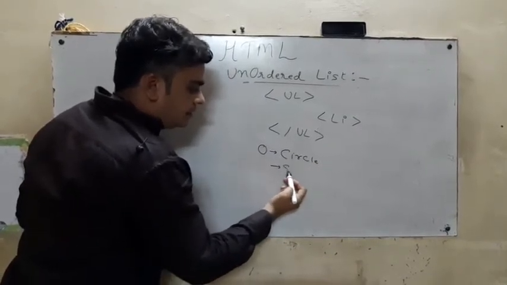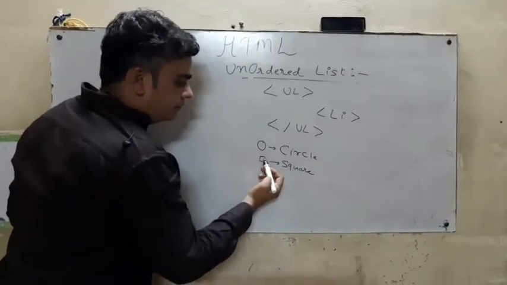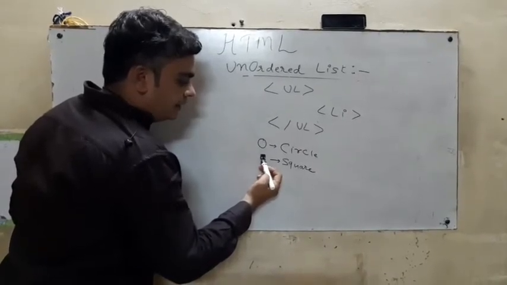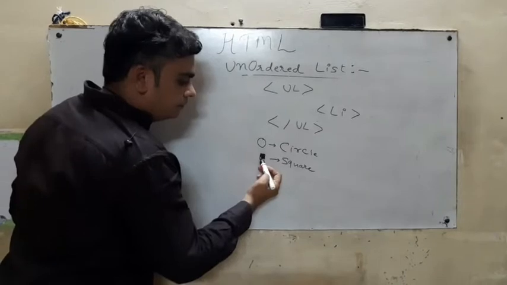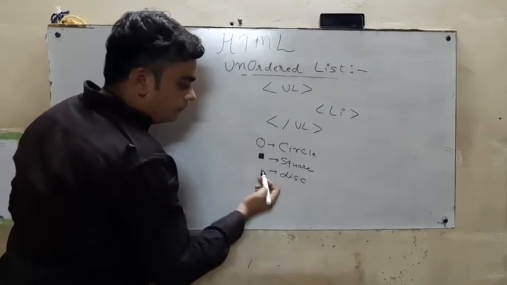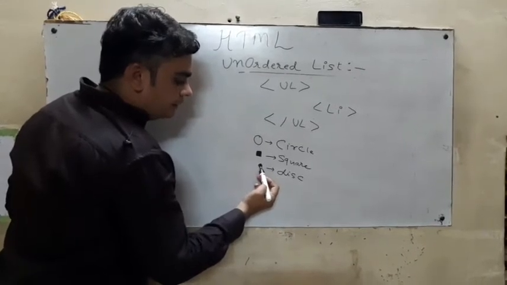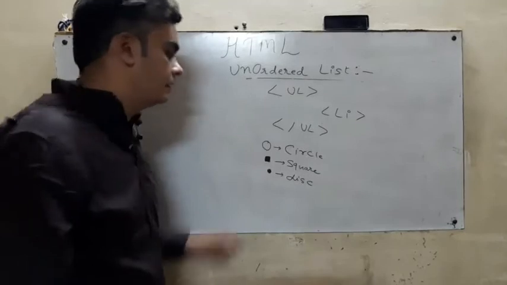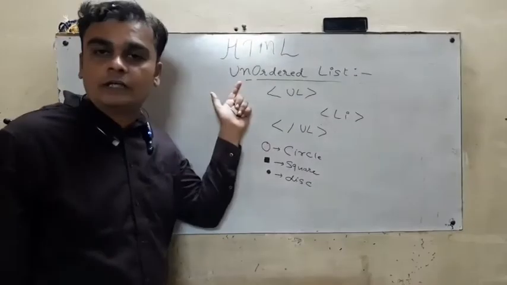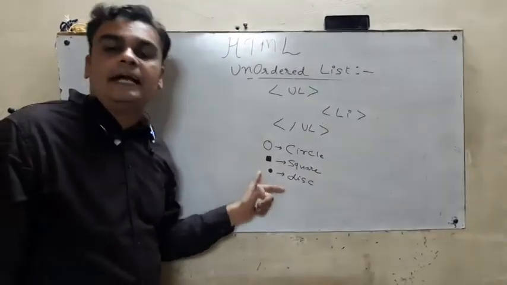Then the next one is square, which is represented like this, or you can also call this a filled square. And the third is disk, represented by this filled circle. So these are the 3 different symbols widely used to represent unordered list elements: circle, square and disk.